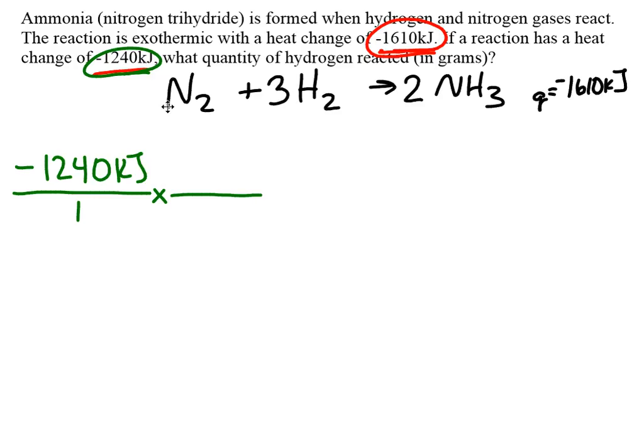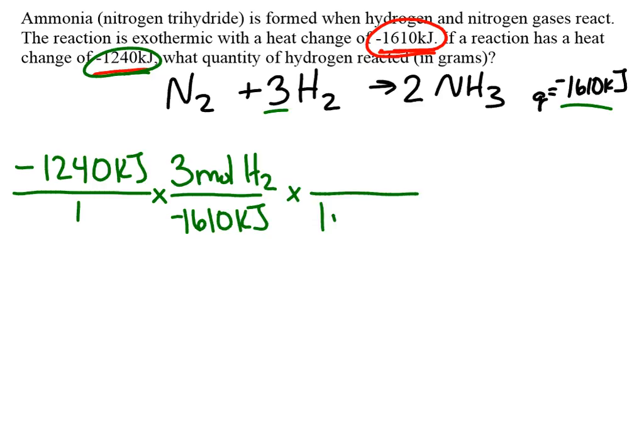According to the equation, for every negative 1,610 kilojoules, I have 3 moles of hydrogen gas. Because this is my value, and there's my number of moles. For every 1 mole of hydrogen gas, I have 2.02 grams of hydrogen gas, so I'm just converting moles back to grams. When I cancel out, my kilojoules cancel, my moles of hydrogen cancel, and I have grams of hydrogen.